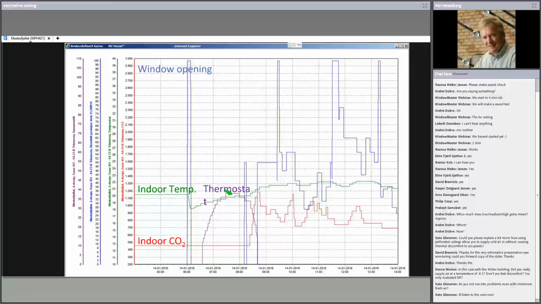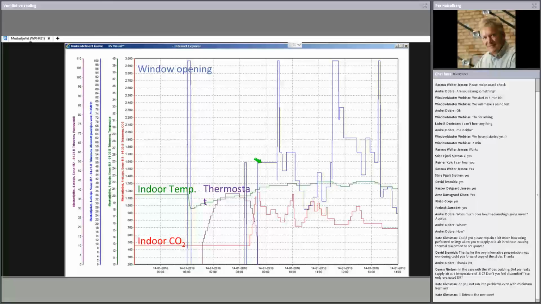We open the valve around 40%. That's how much we open the valve, and then when people arrive in the room, you can see the heating is turned off again. That's even though we have the windows quite significantly open inside this room.